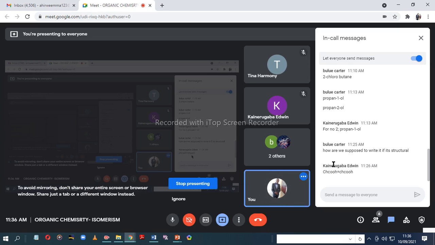COOC. Yeah, this was good. Now the rest was writing the isomerism. Edwin, I like it. That's pretty good. Okay, that's wonderful. So, any question as far as geometric isomerism is concerned?